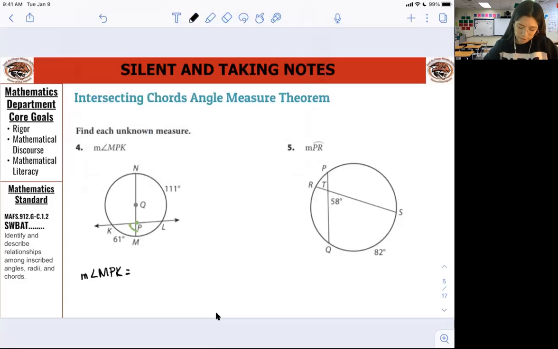Perfect. It's 1/2 of 61 plus 111. 61 plus 111 gives me 172. And what's 172 divided by 2? 86 degrees. Simple.